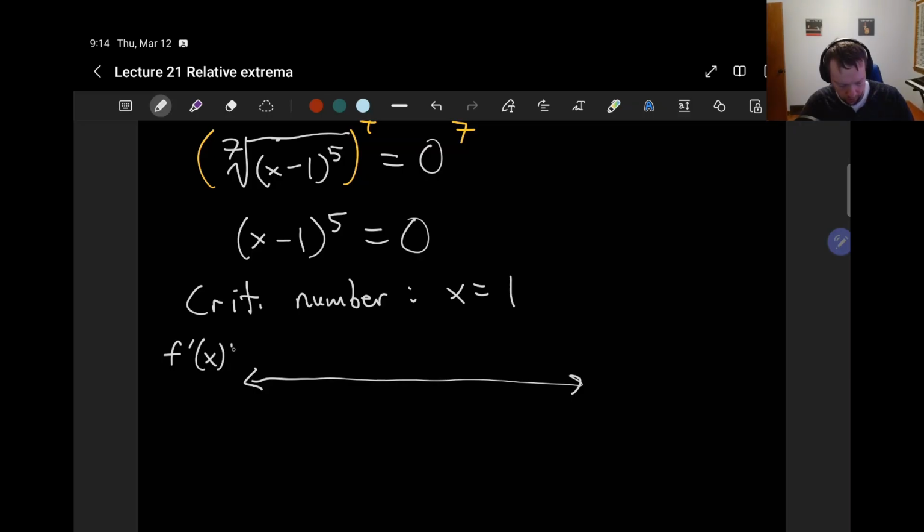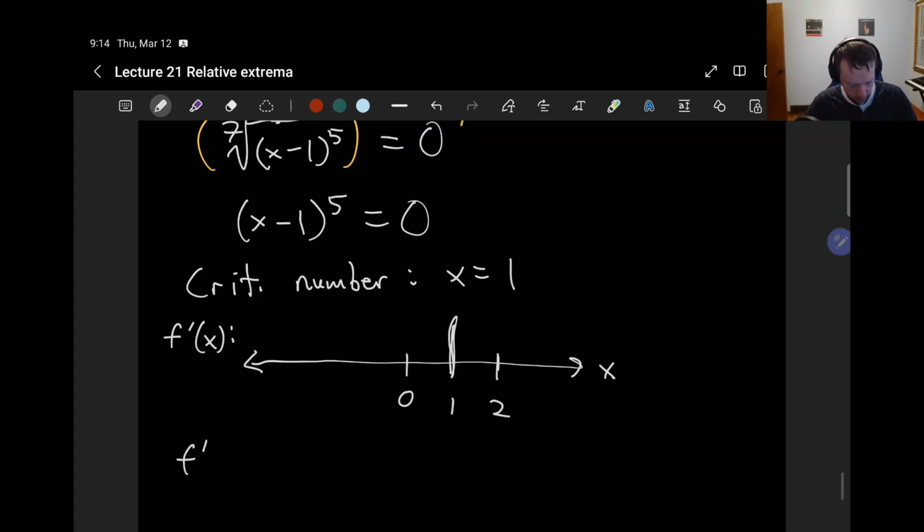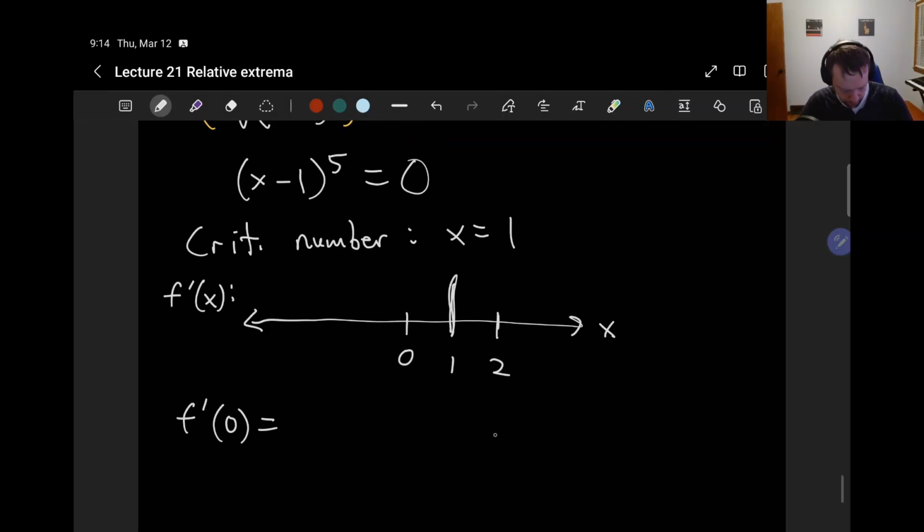So let's draw our number line and see how the derivative behaves around this critical number. Zero and 2 are good test points to plug in.